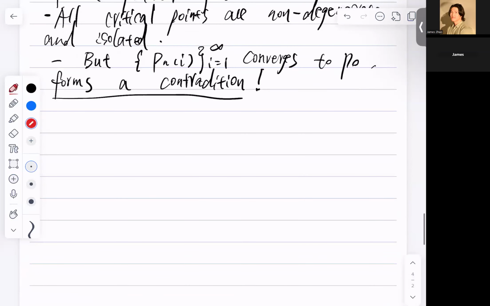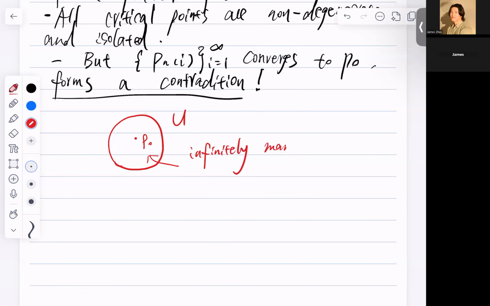So let's draw this little neighborhood in red. So we have this neighborhood, right? And this is our P naught. Basically, in this little neighborhood, we have infinitely many critical points.